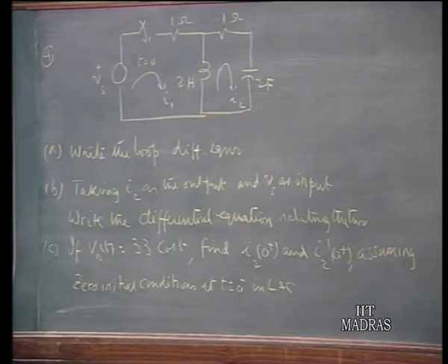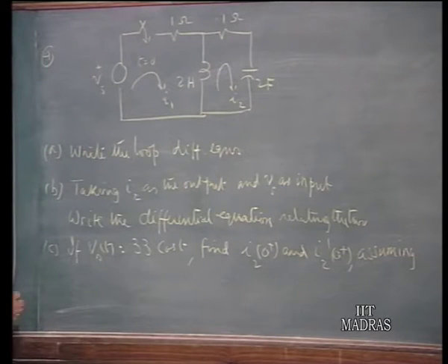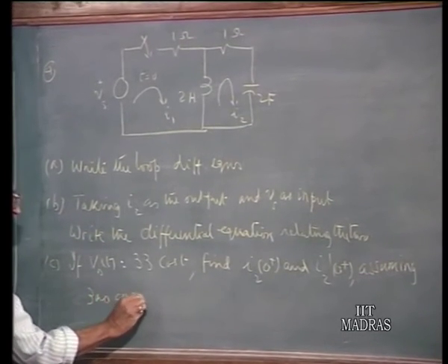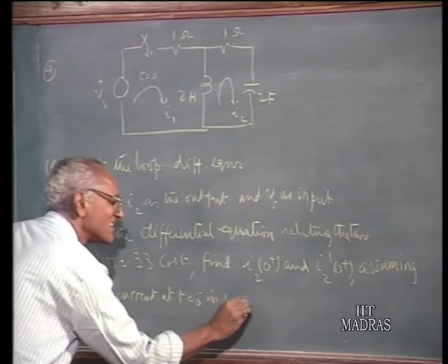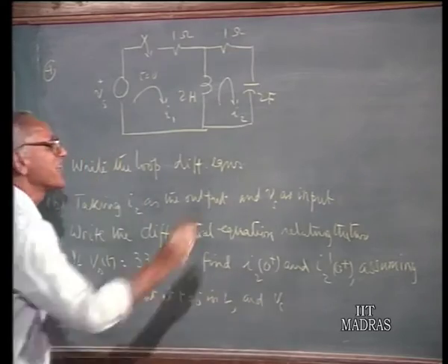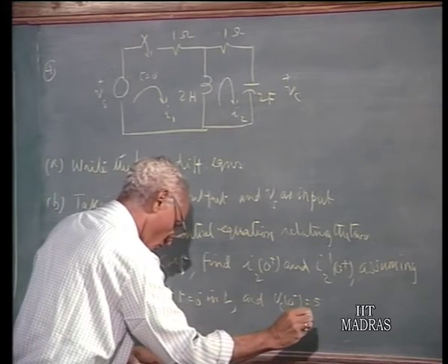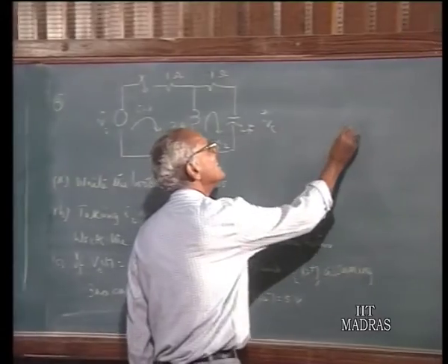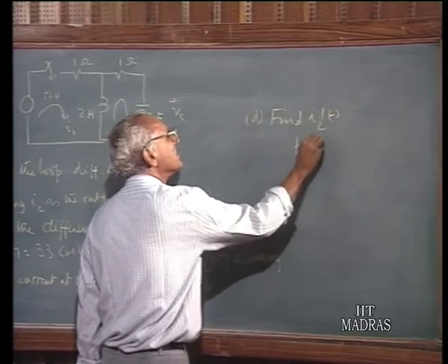One minute. No, we will put this: assuming 0 current at t equals 0 minus in the inductor and the capacitor voltage Vc at 0 minus is 5 volts, and using this information, initial conditions, D, find I2(t) for t greater than 0.